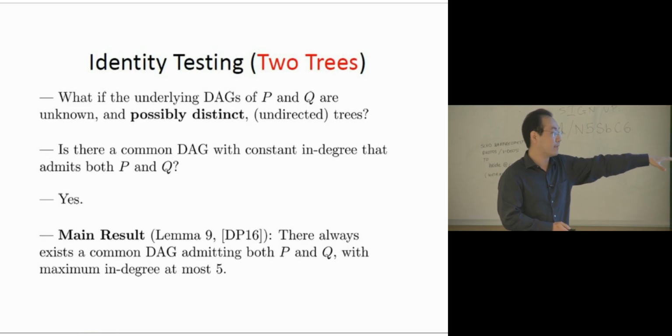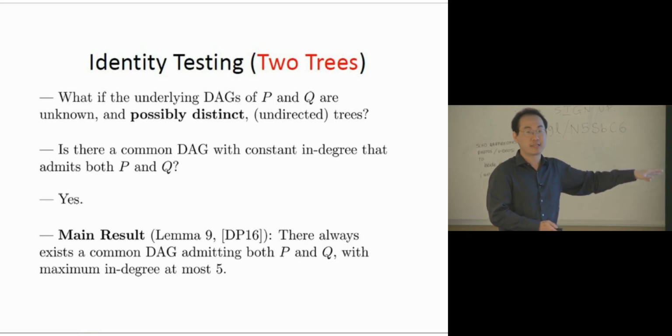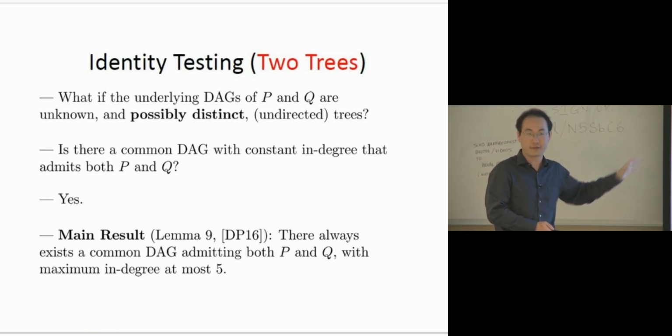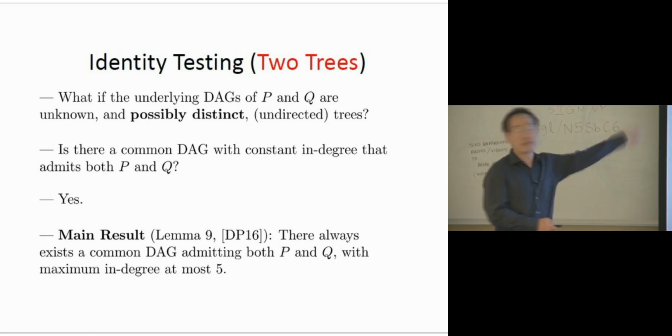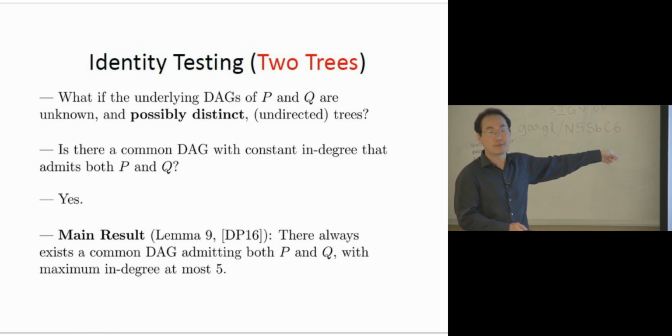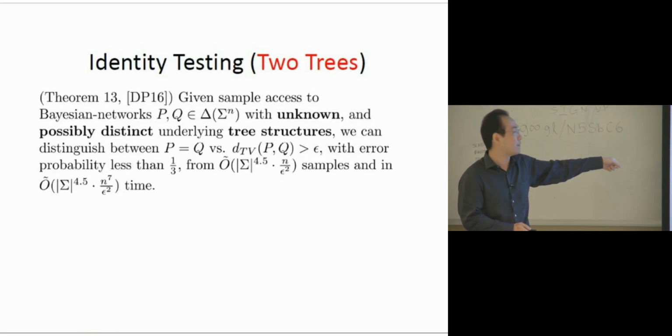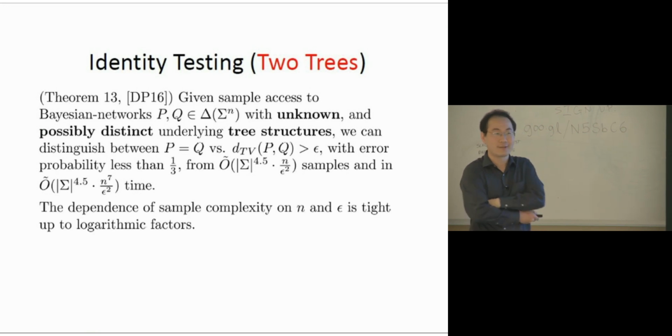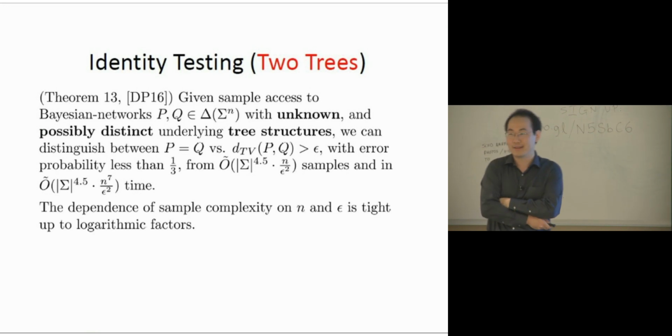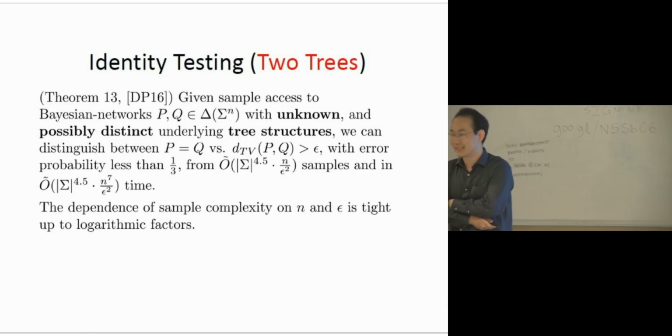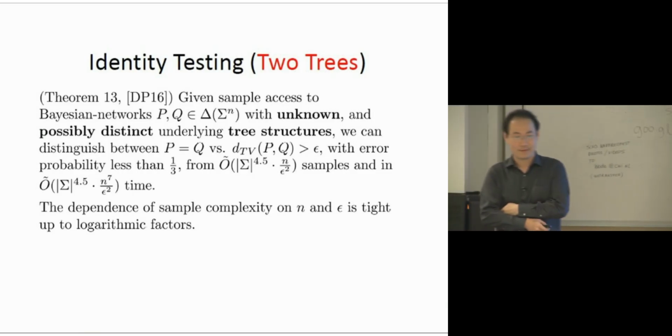We can always find a DAG of in-degree 5 that admits both trees, even if they are different. So then the problem reduces to the original problem, because it's just a DAG with degree 5. So we get this result with linear dependency on n and polynomial running time, which is also optimal. That's it.